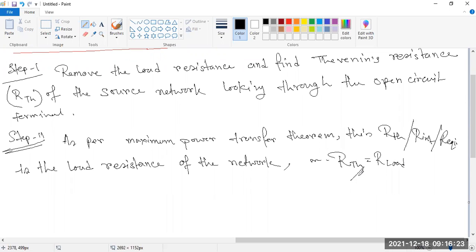This RTH may be R internal or R equivalent, that allows maximum power transfer.